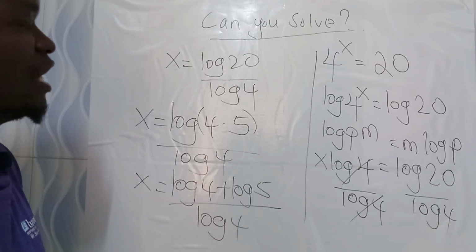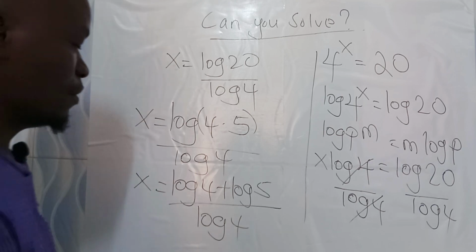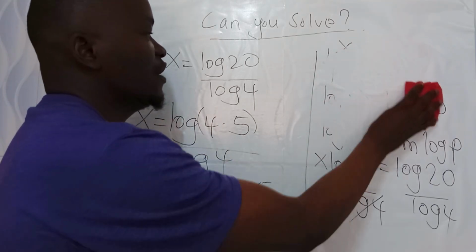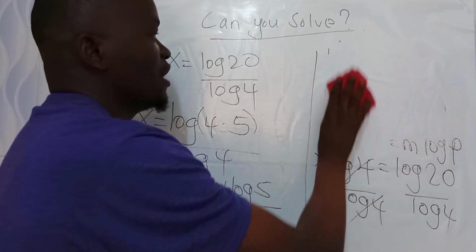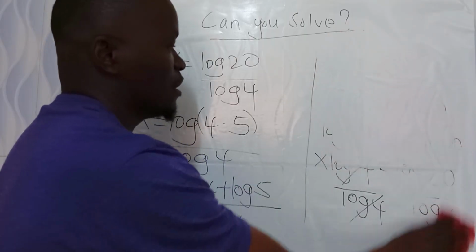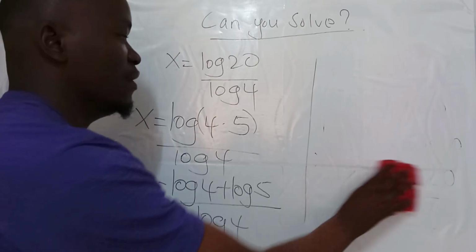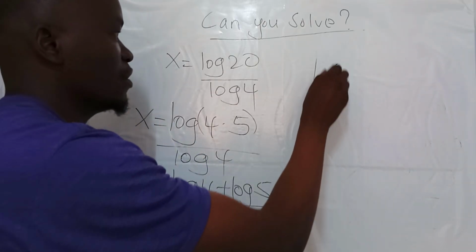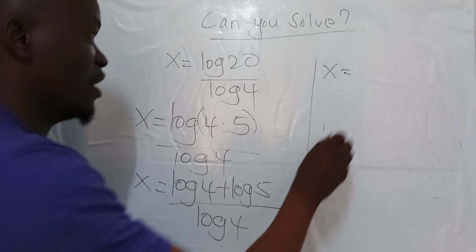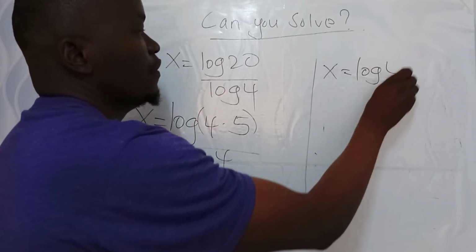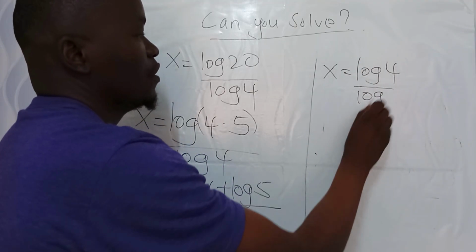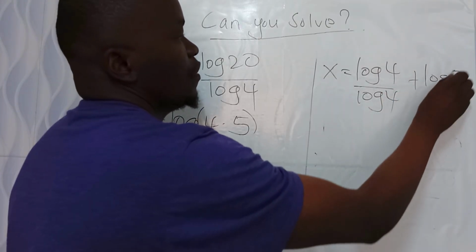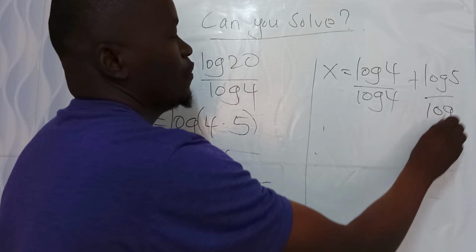So next we shall divide both sides by the log of 4. So here we shall have x is equal to the log of 4 divided by the log of 4, plus log 5 all over the log of 4.